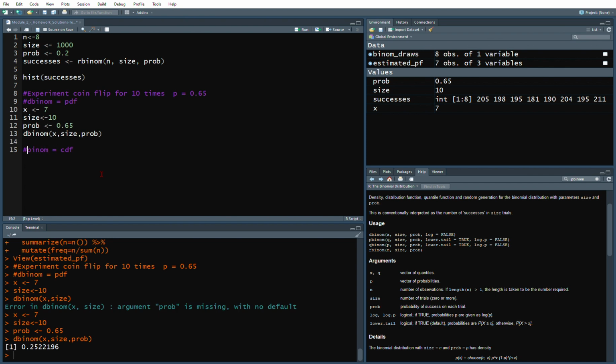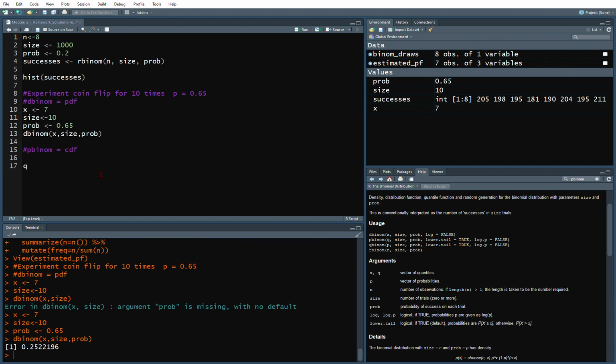So we'll use pbinom now, and for pbinom we need to put q, which is a quantile, and that's where x is.